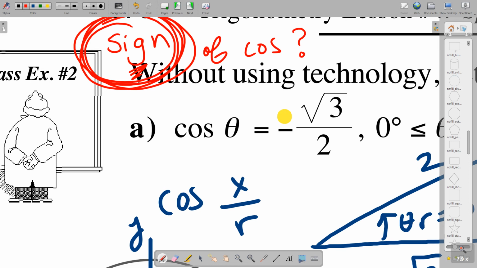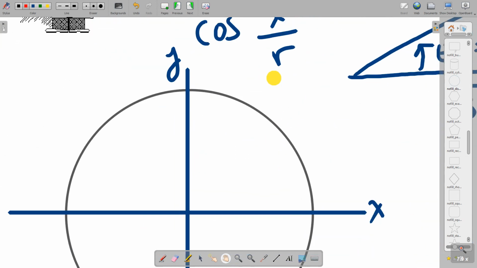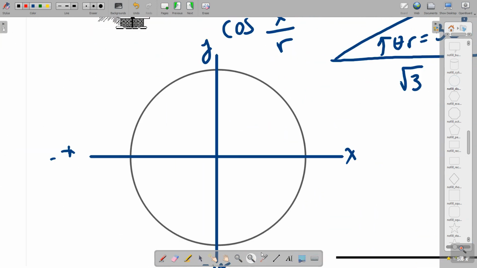The sign of cos is right there in the ratio. This tells us where the answer could be. It's negative. Where can a cosine end up negative?